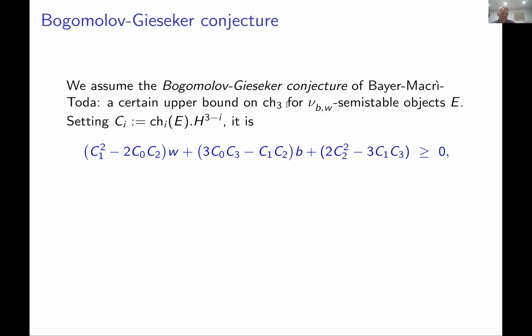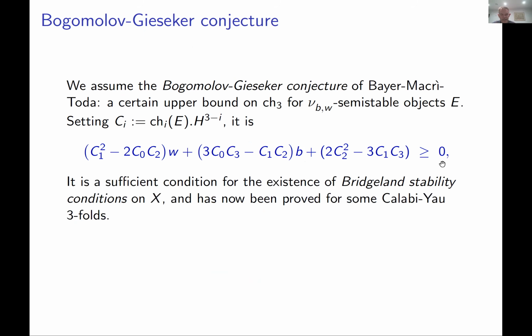Okay, and you know, there's the inequality. You should ignore it. But it says that semi-stable objects for our stability conditions should satisfy a certain inequality. And as I say, it's proved in certain cases. It was invented because it turns out that when it holds, you can prove the existence of Bridgeland or Douglas pi stability conditions, although we barely use such stability conditions at all.